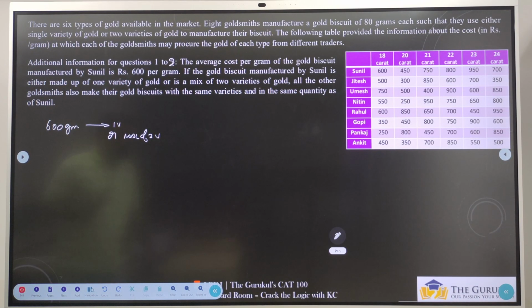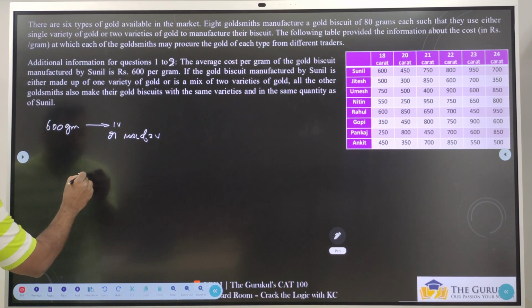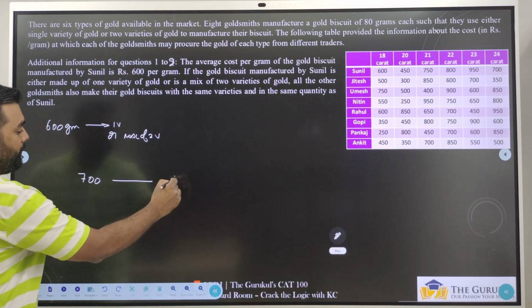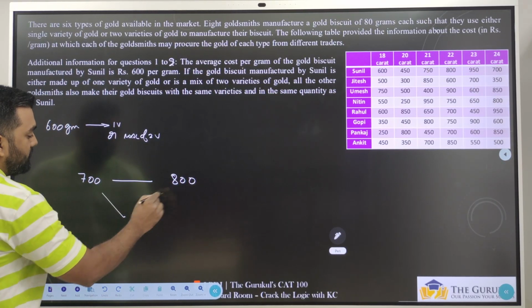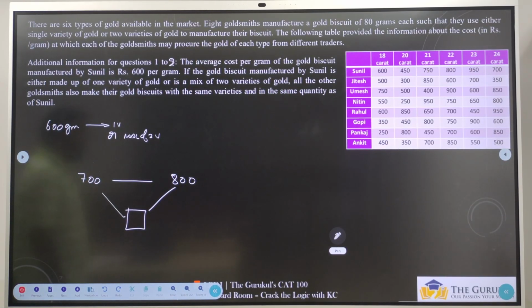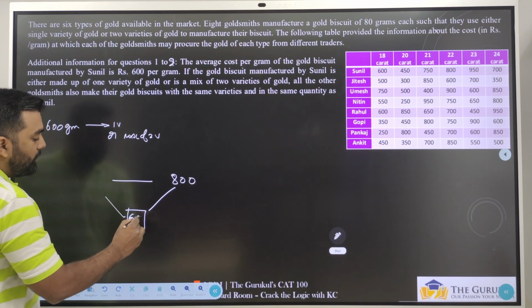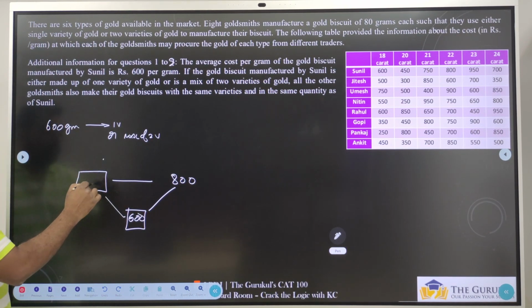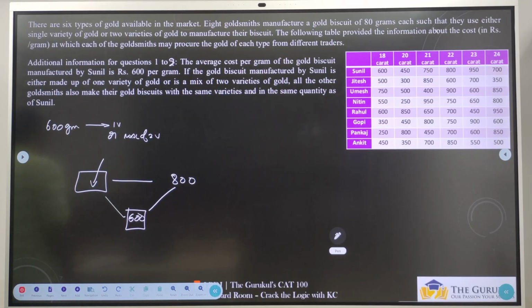The basic rule which we learnt in mixtures and allegations: if I am mixing something worth 700 rupees with something worth 800 rupees, the resultant will always be between 700 and 800. So if I want the resultant to be 600, whatever we are mixing over here should be less than 600 only, or else we can never get the answer.